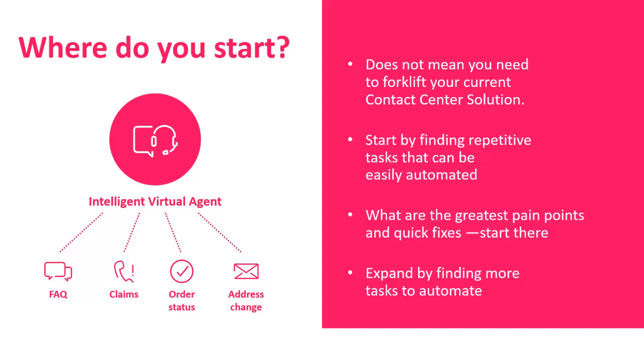Some common IVA applications that I've got pictured here: you could embed frequently asked questions directly into the IVA. You could have a claims processing or order status mechanism for the self-serve IVAs, or address changes. Those are all good examples of where those applications could fit.